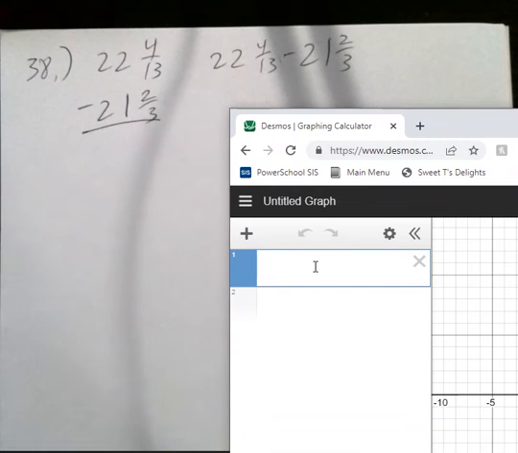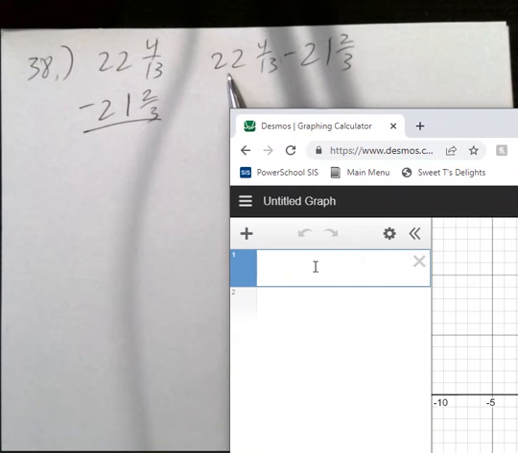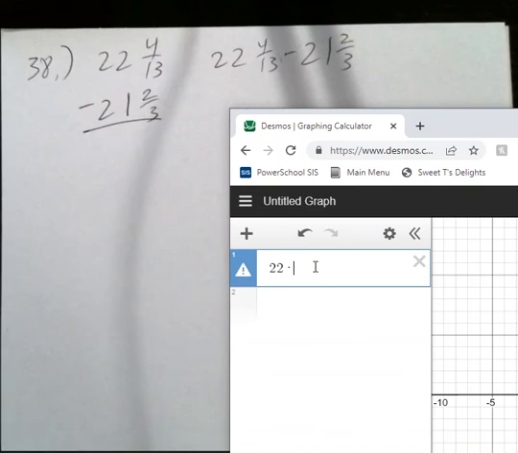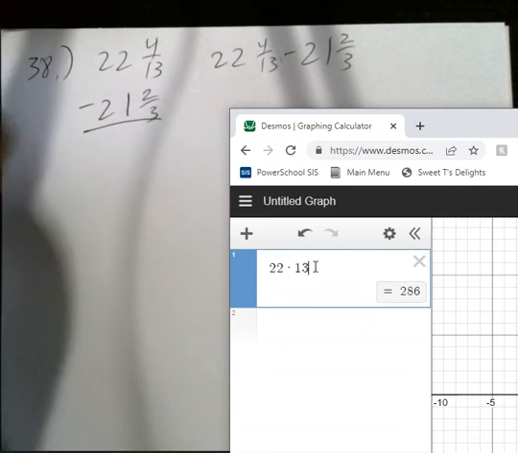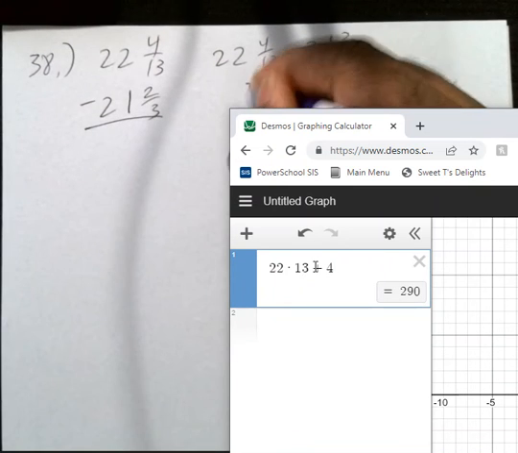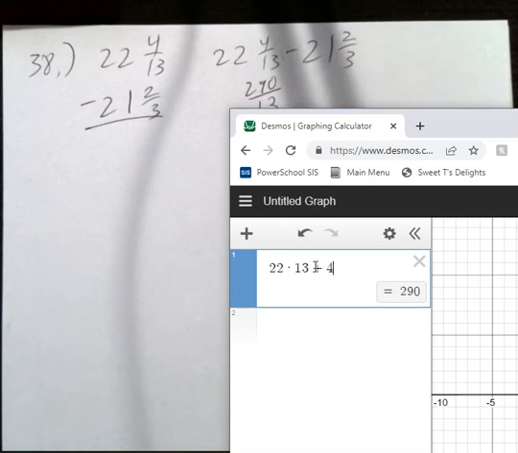Okay, so you're supposed to take this whole number and multiply it by the denominator and add the numerator. So you take 22 times 13 and then plus 4. That would give us 290 for the numerator. 13 would still be in our denominator.